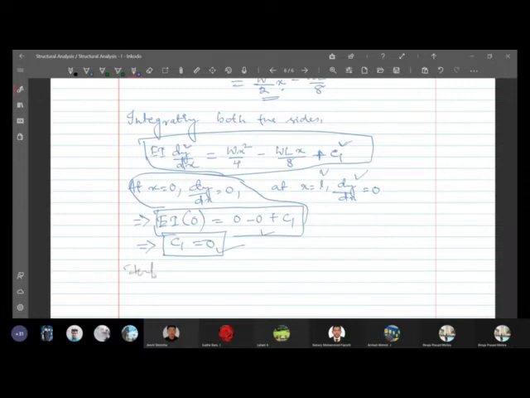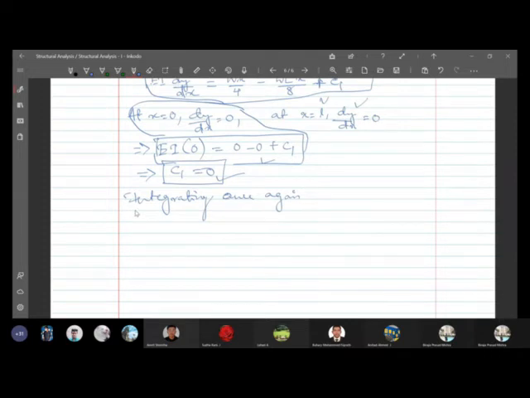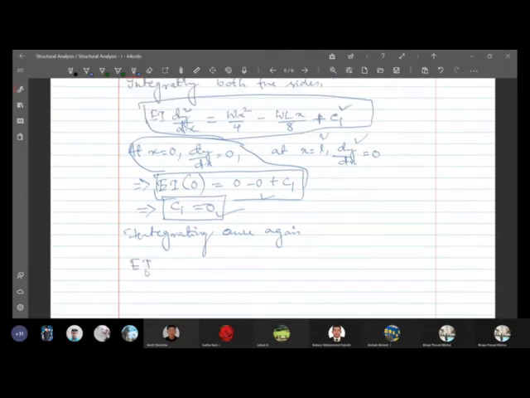Integrating once again, EI y equals wx³/12 minus w into L/8 into x²/2 plus C1, which is 0.